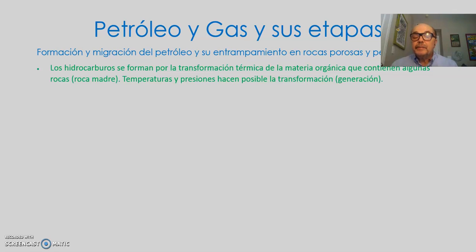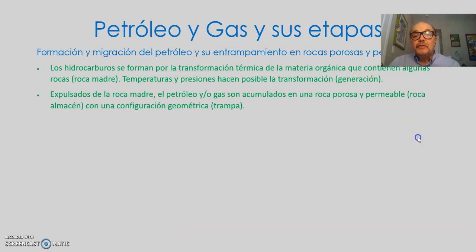I also want to compare this to a pressure cooker, where trees and animals, organic things, were being cooked over those 4,500 million years, and that's where the generation of hydrocarbon took place.